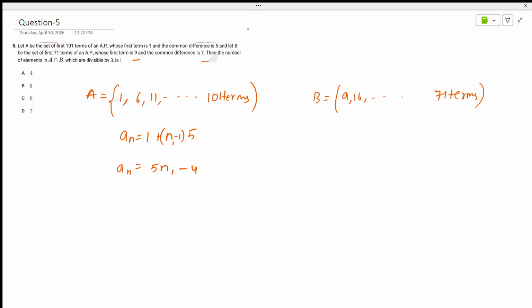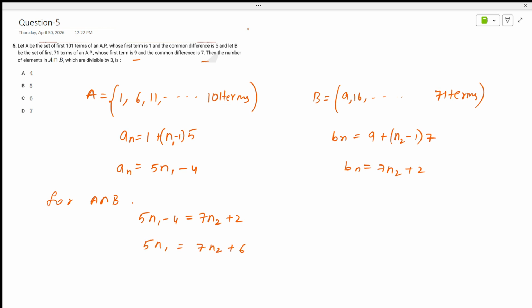And let us assume Bn is equal to 9 plus n2 minus 1 into 7, so you'll get 7n2 plus 2. This is Bn. For A intersection B, these two should be equal. So you'll get 5n1 minus 4 is equal to 7n2 plus 2, so 5n1 is equal to 7n2 plus 6.